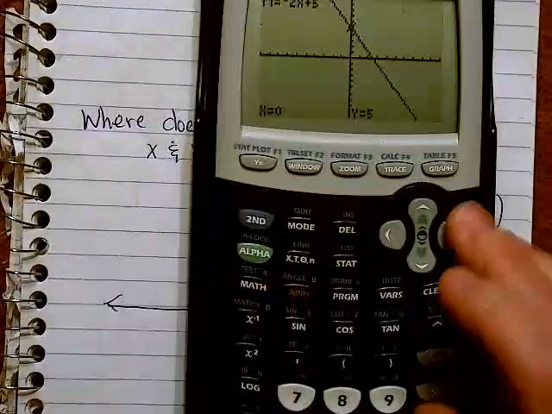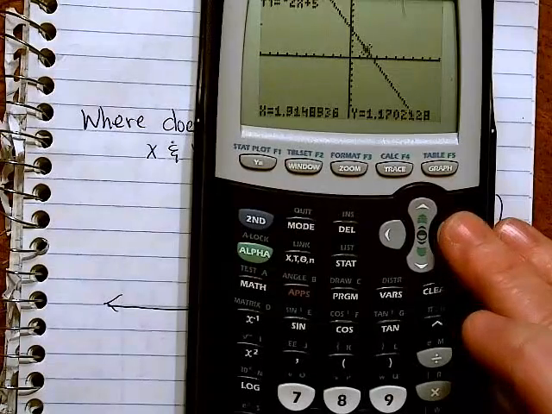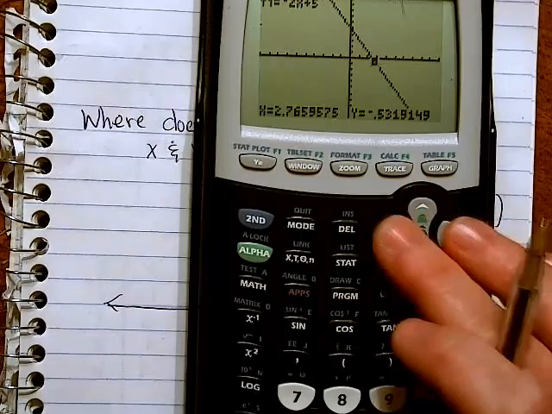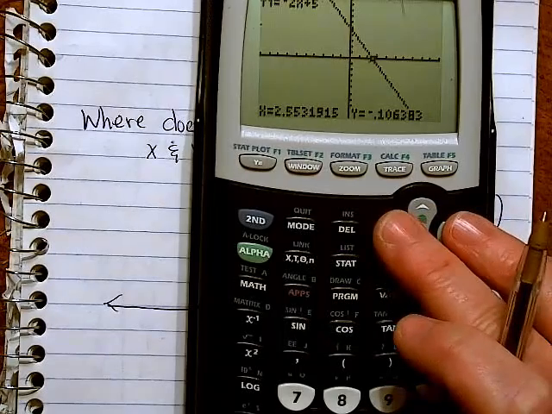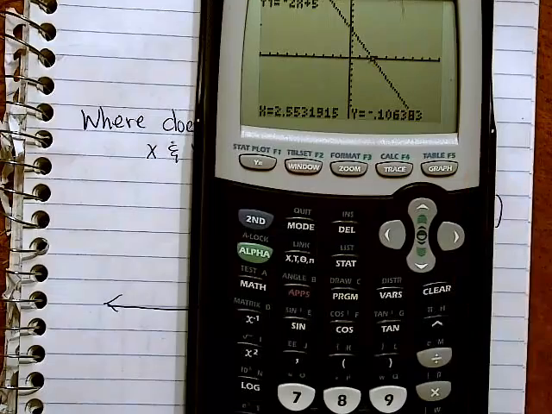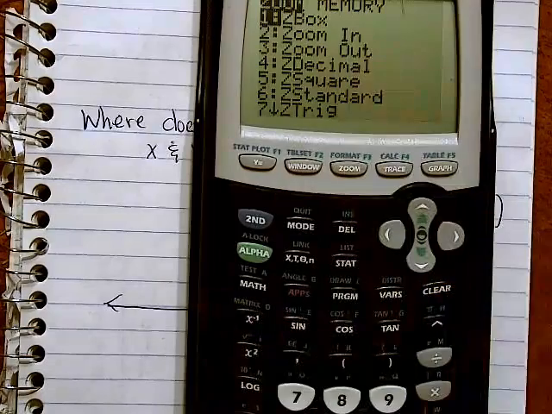Now I'm going to arrow over, see if I can find out where it crosses the x-axis. It looks like it's between two numbers. Am I going to be able to find it? Can't get exactly there, can I? Well, maybe I need to zoom in. So I'm going to hit zoom, and I'm going to tell it to zoom in.